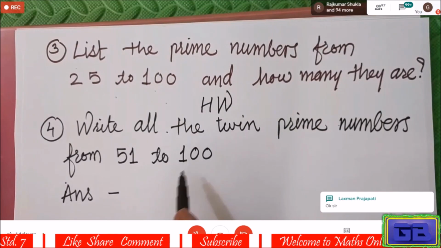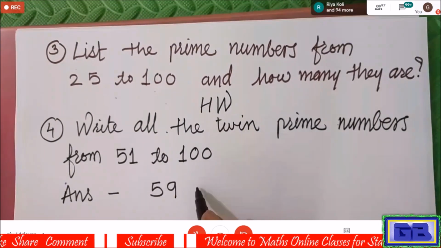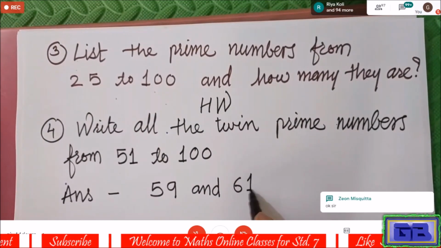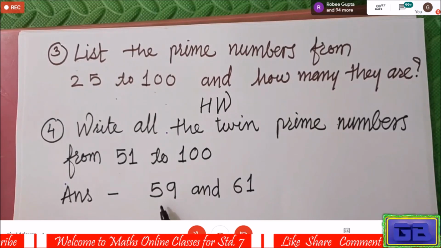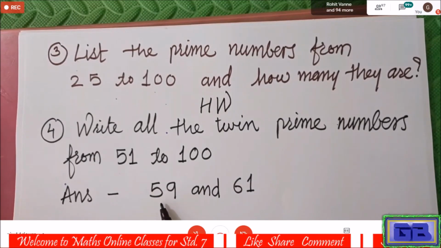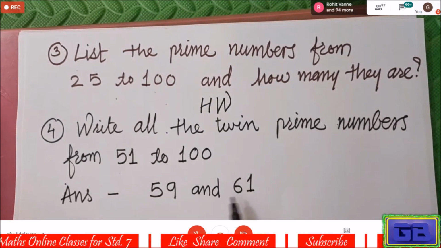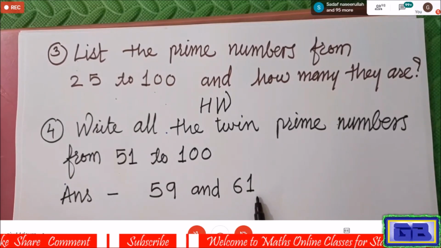Now if we see 59 and 61. This is a prime number. This is another prime number. And the difference between these two.